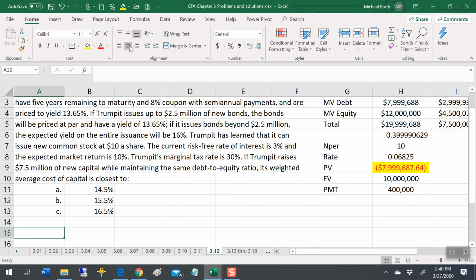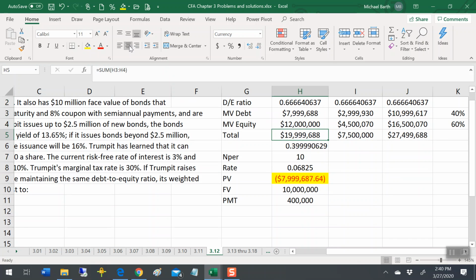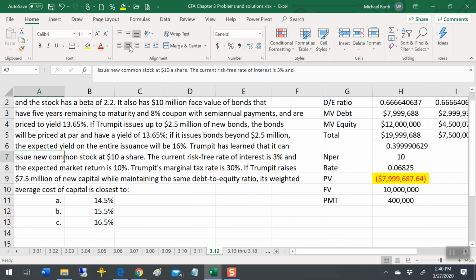And so if they keep the same debt to equity ratio, then the weights of debt and equity are going to stay the same. When they raise the $7.5 million in new capital, it's going to be roughly $3 million of debt, $4.5 million of equity.